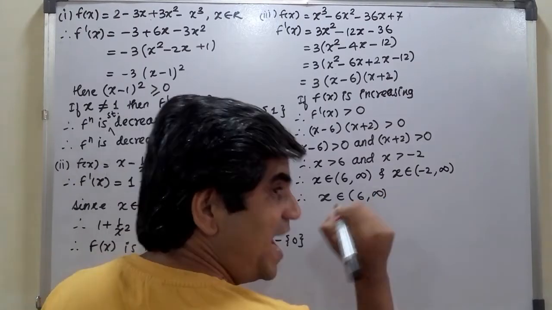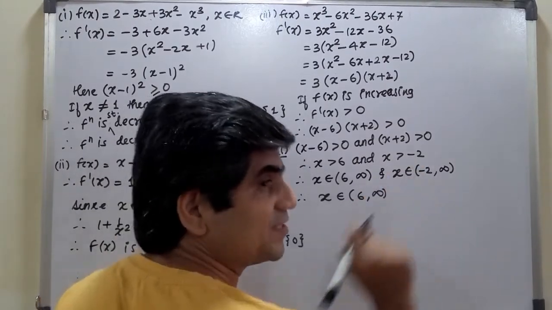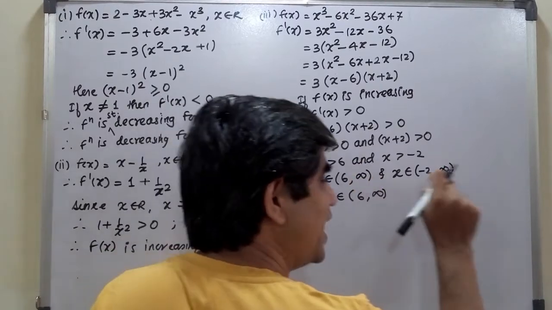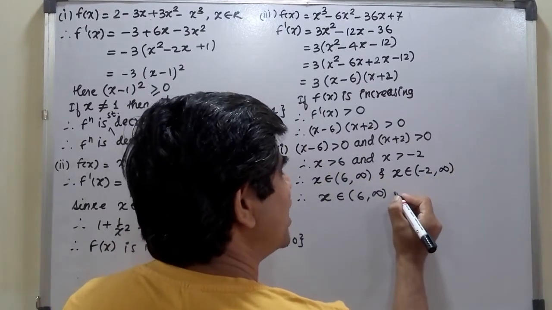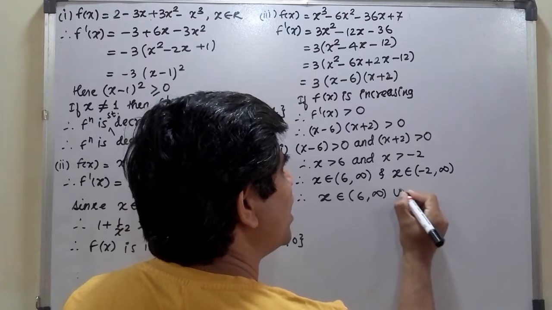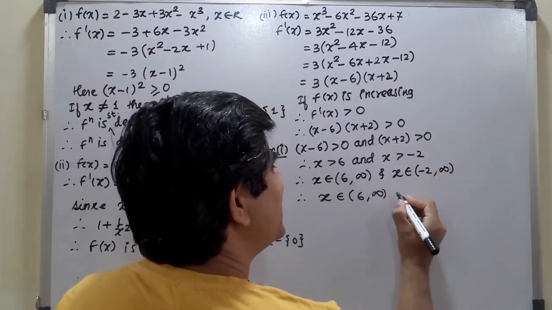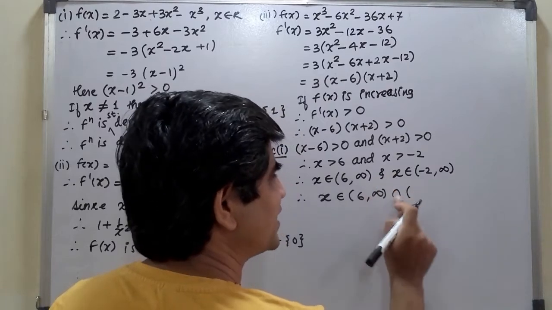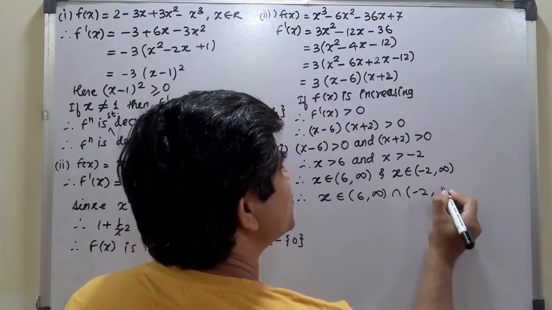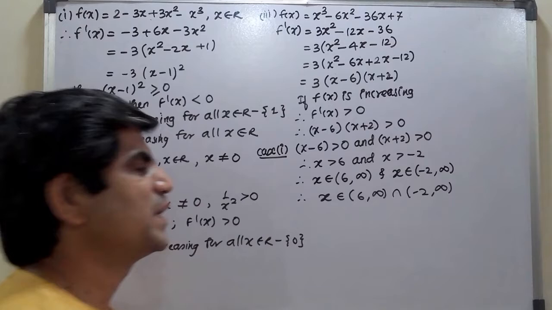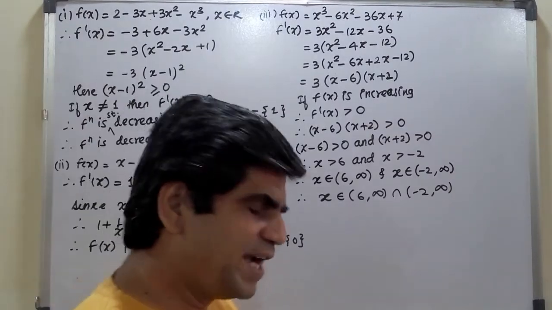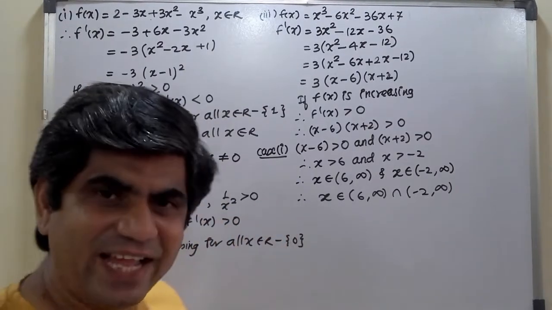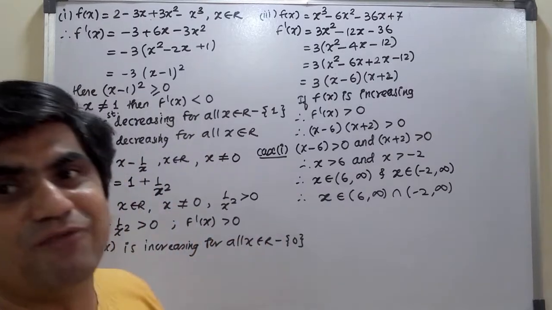Agreed? And together with this, it is the intersection of minus 2 to infinity, right? So it means that I will be finding the common solution for this.